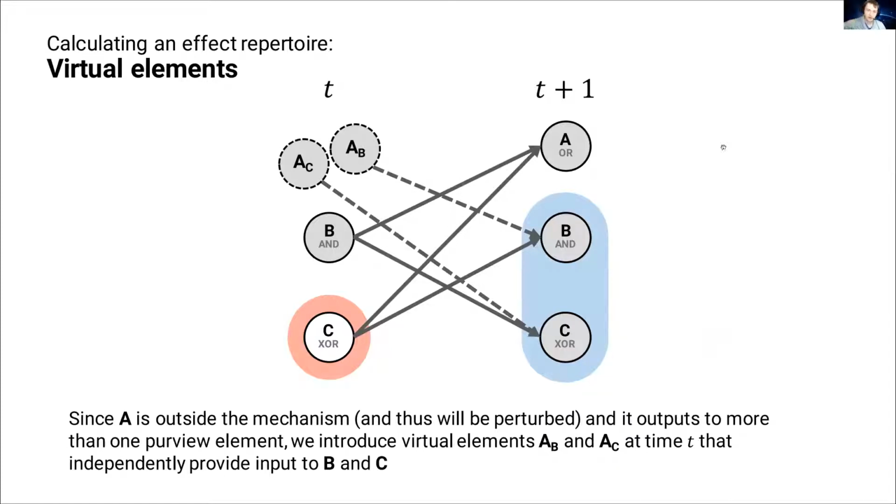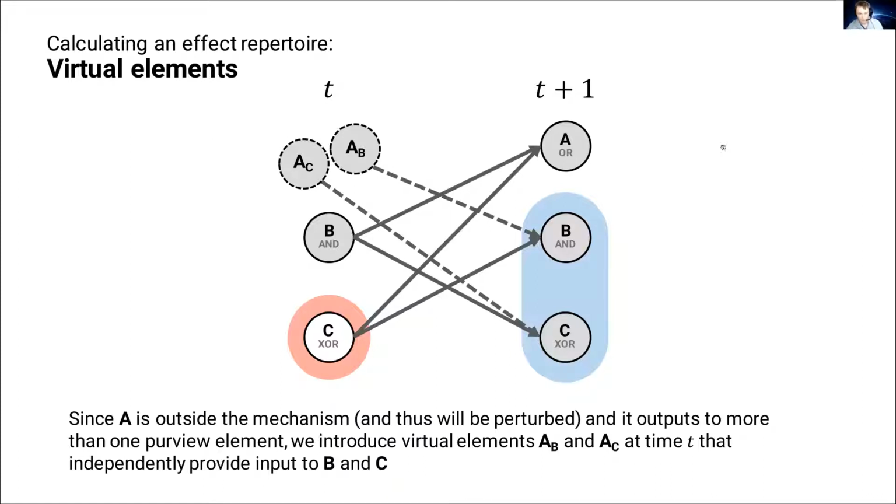of each other. My way of thinking about this is that we want to know what the constraints of the mechanism C are at time point t on the purview B and C at the next time point.